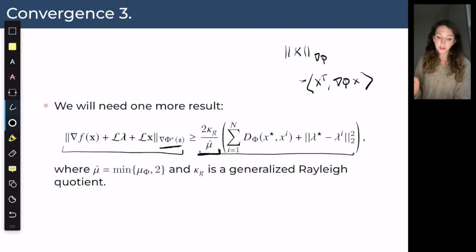Again, just imagine it to be some kind of constant. And this mu hat, where this mu hat is defined as the minimum between mu phi and 2. And mu phi is the strong convexity constant of our mirror map. So this is one of the bounds that we will need to bound v3.